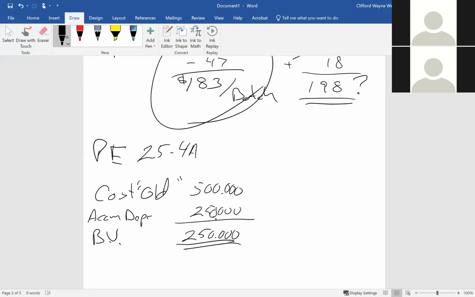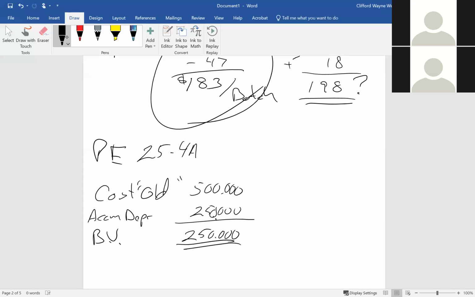So this coincides with this replacement problem. It says we had a machine that had a book value of $250,000. And this is you. You're the IT manager, and you're like, man, I really want to get some new equipment. I saw this stuff. I can go out and buy this new equipment for $390,000.